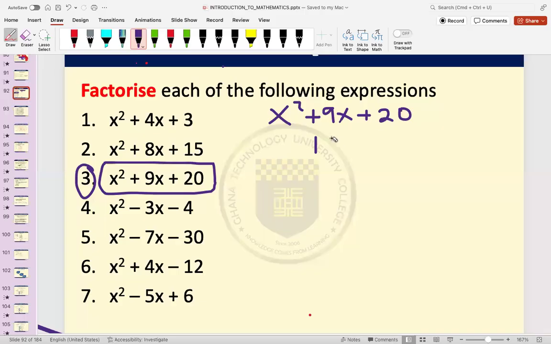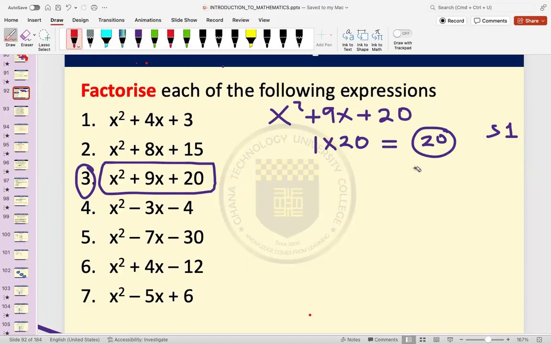We have 20 here. I put the 20. Step 1 says I should multiply these 2 numbers. 1 by 20. The result is 20. End of step 1. This is all you do in step 1. Pick the coefficient of x squared, multiply by the constant. You have 20. Then we move to step 2.